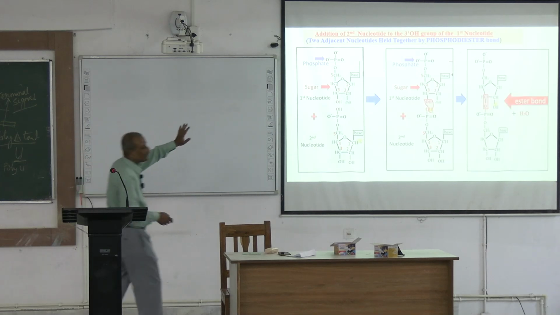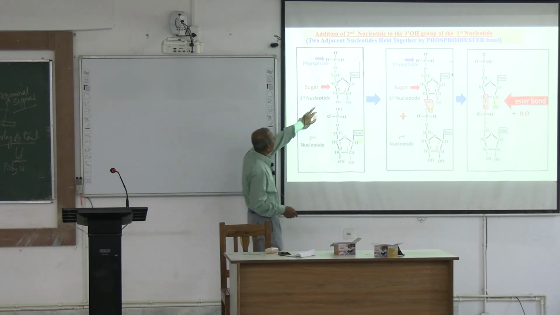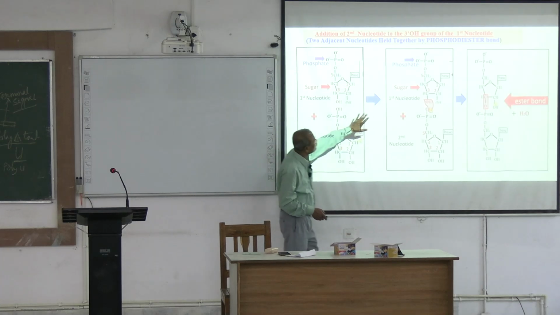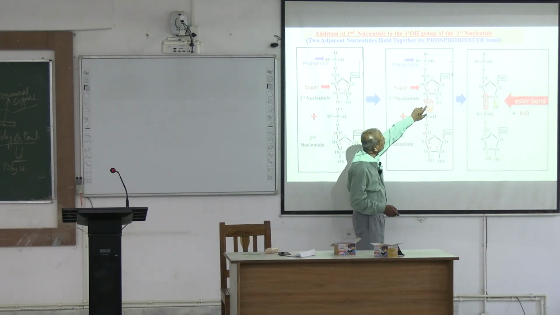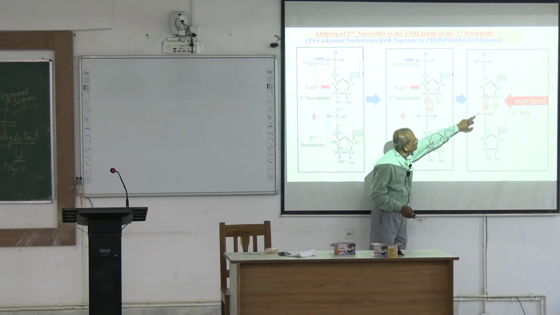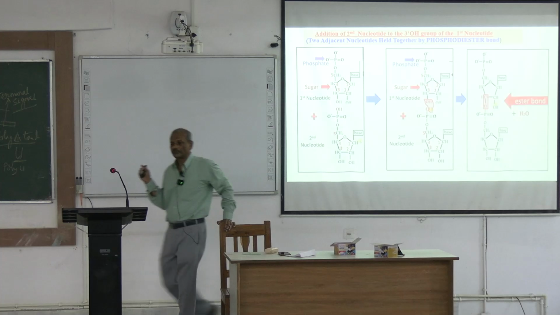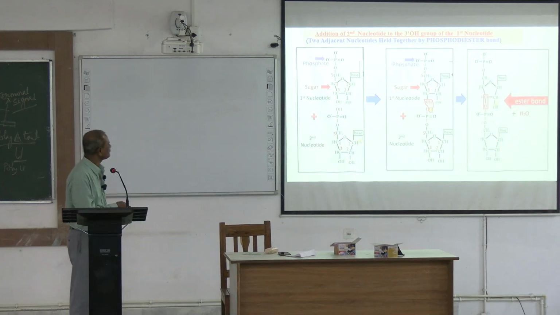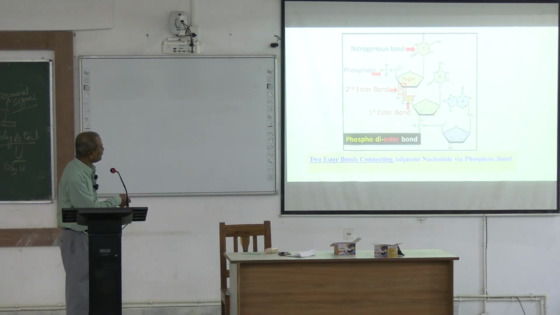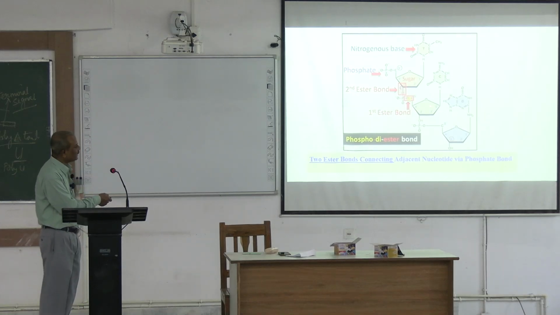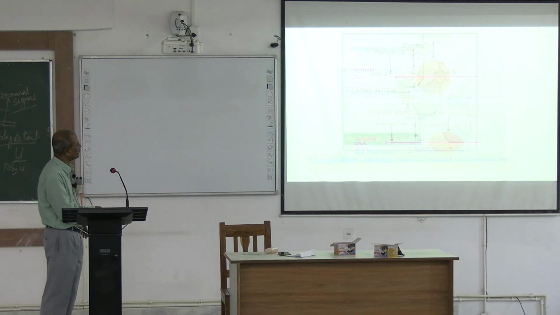Now the phosphodiester bond, I am telling you again: you see there are 2 dinucleotides, the sugar molecule is there, the phosphate bond is here, and here is another phosphodiester bond. The phosphodiester bond is from 3' to 5' direction. I told you this in the nucleotide class. The first ester bond is in the second, incoming nucleotide, and the second ester bond is in the first one, and this is called a phosphodiester bond.